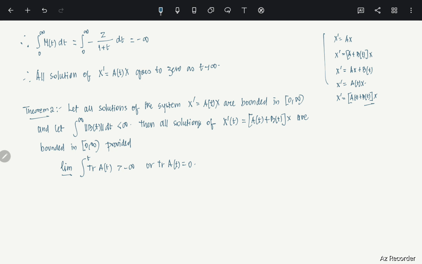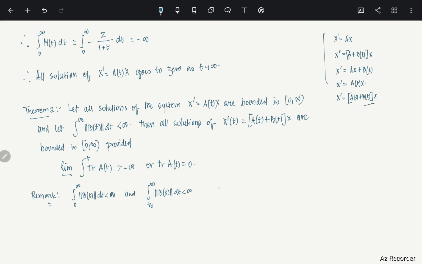Before I do that, let me make a small remark in case you do not understand. See why I am not putting a lower bound here. If I put the integral from 0 to infinity of the norm of B(t) dt is finite, and if I am not putting anything, it says that you can start from anywhere. So I can start from any t naught to infinity; the integral of the norm of B(t) dt is finite.